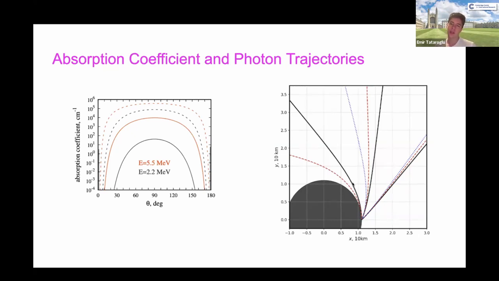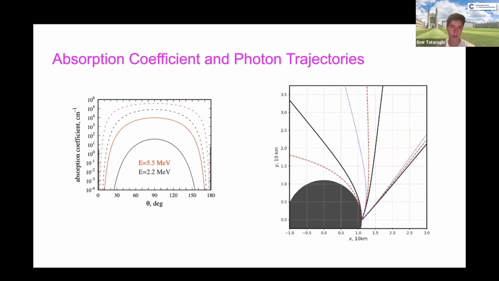The more perpendicularly it is emitted, the less it curves, because it spends less time close to the neutron star. Each of these different lines, the black, the dashed red, and the dotted blue, are different neutron star masses. The more massive it is, the more it curves.